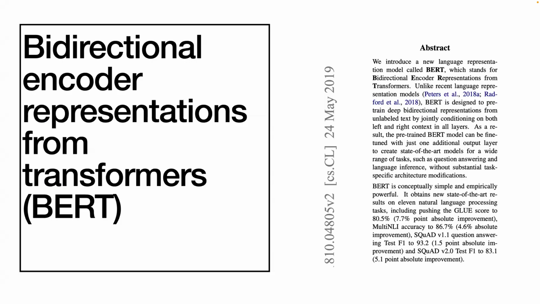So in that paper, they propose a neural language representation model called BERT, which stands for bidirectional, meaning you can read a sentence from left to right or right to left. So you get two directions. And then it is an encoder. Basically, it will encode sentences into a representation.